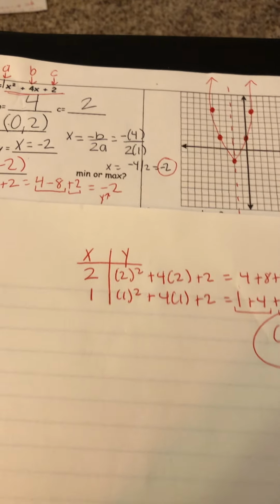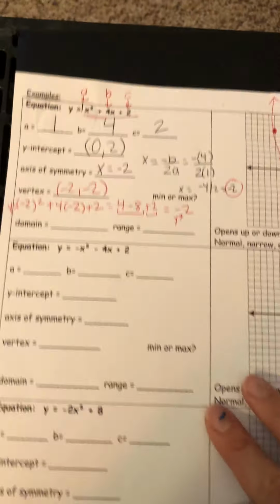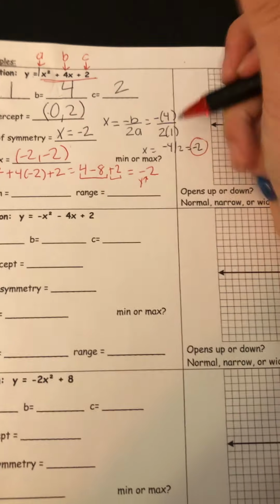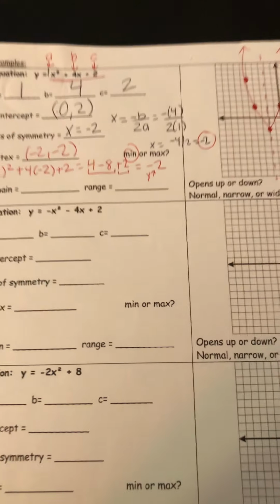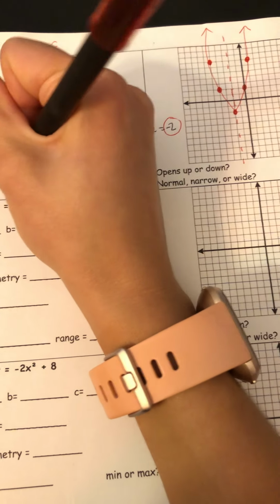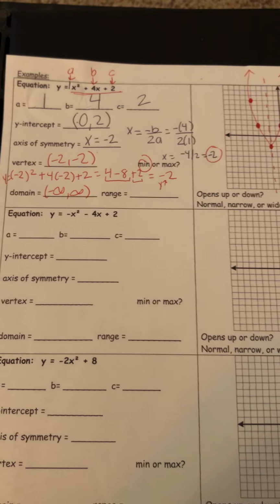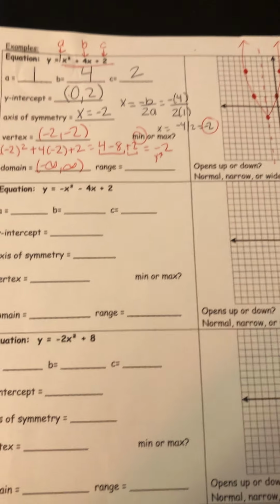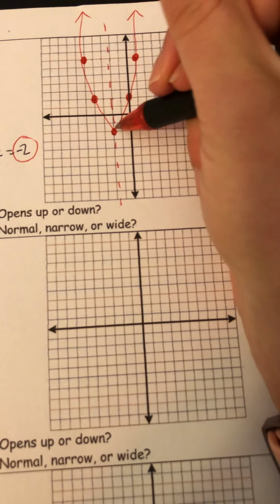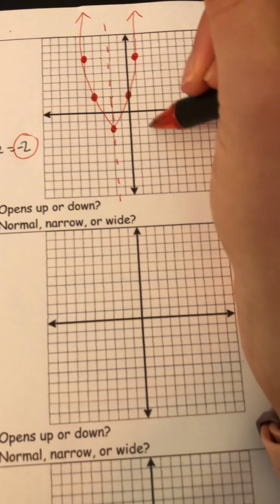So looking at my graph now, is this a minimum or a maximum? If it is a minimum, that's the lowest that those points will be. The domain is going to be -infinity to +infinity, because that's what it always is. Now, look for my range, I need to look at my y values. My y goes as low as -2, okay?